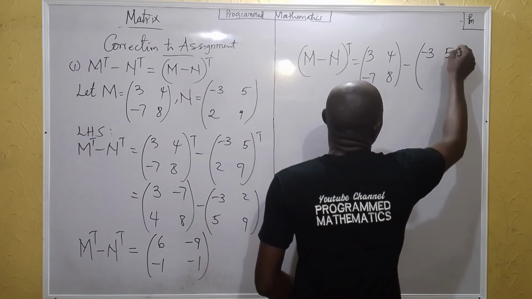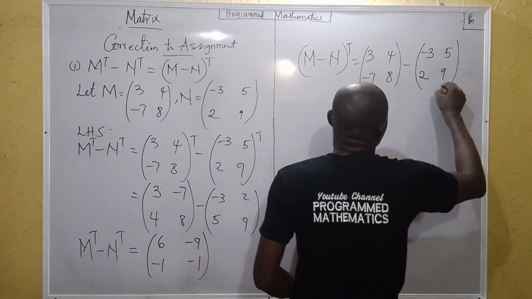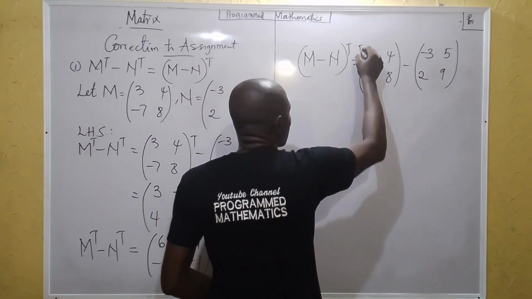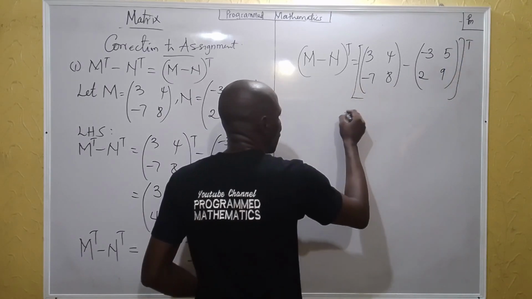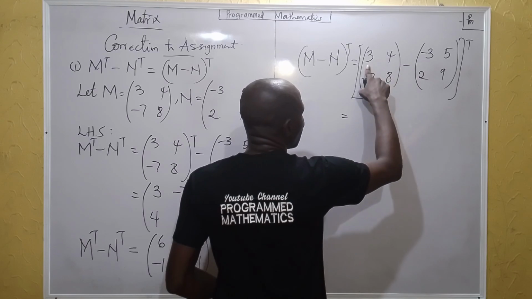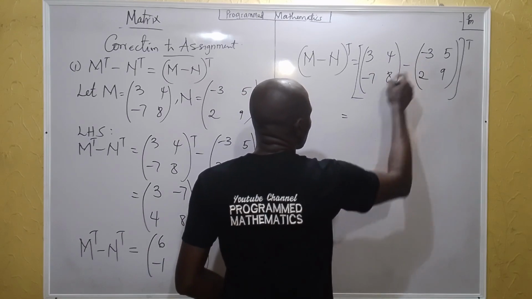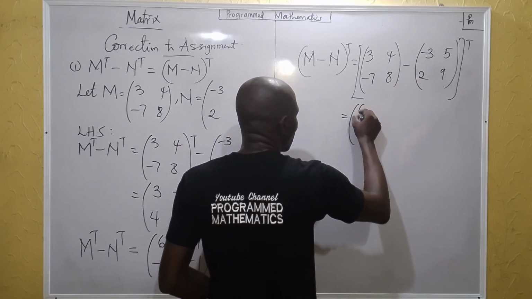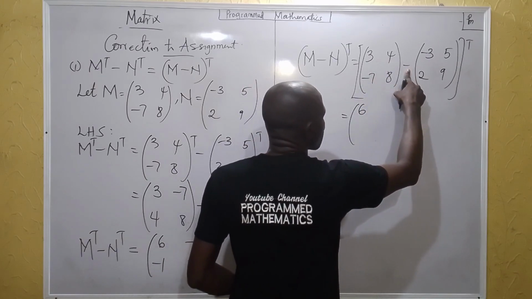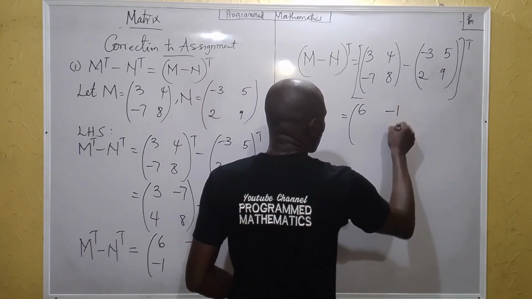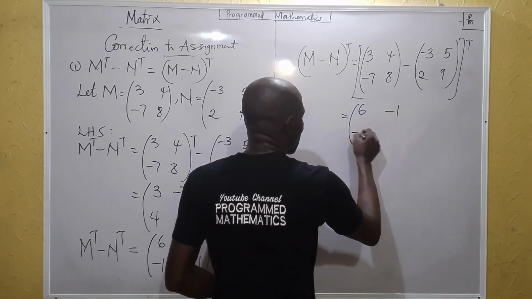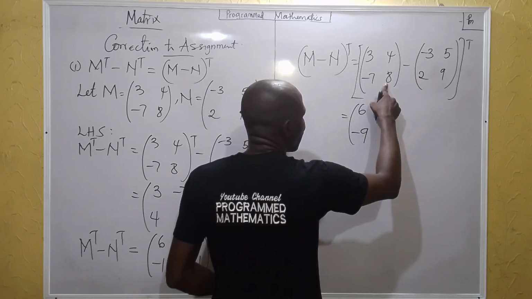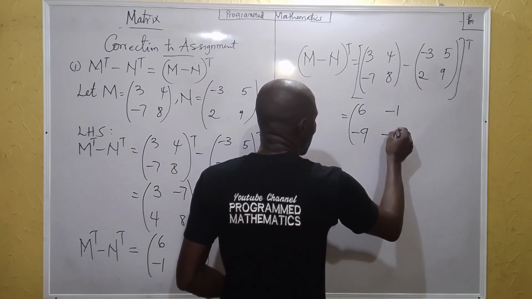So we take the transpose of this difference. When we subtract this, 3 minus 3 is 6, 4 minus 5 is minus 1, minus 7 minus 2 is minus 9, 8 minus 9 is minus 1.